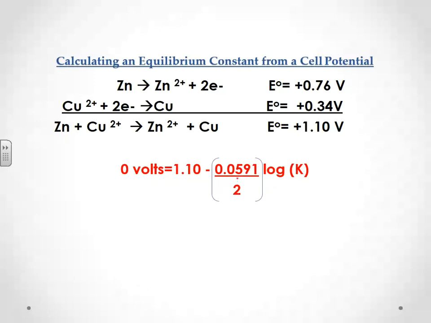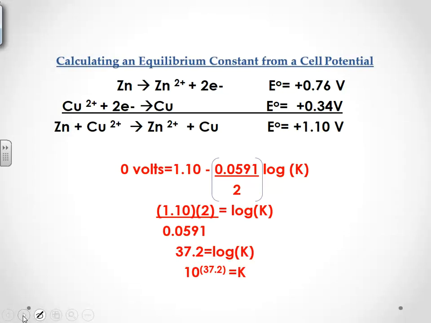We had 2 moles of electrons, and that's times the log of K. If you solve for that, you can get your equilibrium constant K. So for this one, you got 1.58 times 10 to the 37th power.